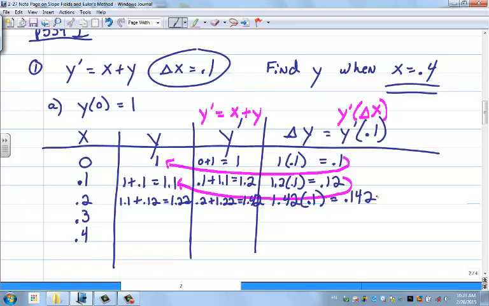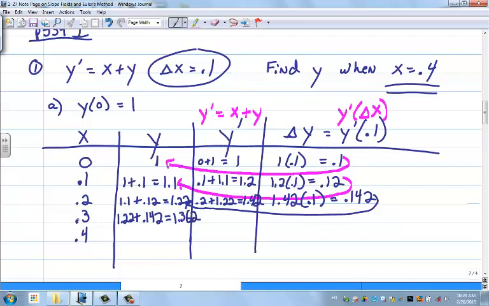Okay, I'm not going to show the addition anymore. I think you guys probably are going to get it, at least in this step here. So we bring this 0.142 over and we add it to our old y, and what we get when we add 1.22 plus 0.142 is 1.362.